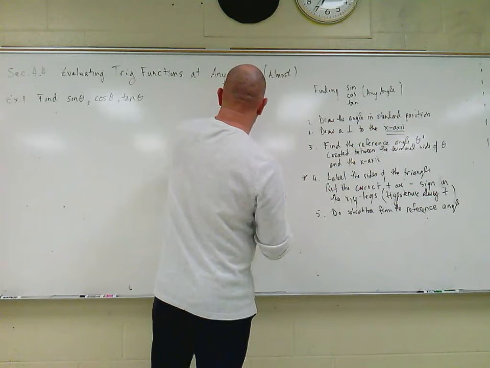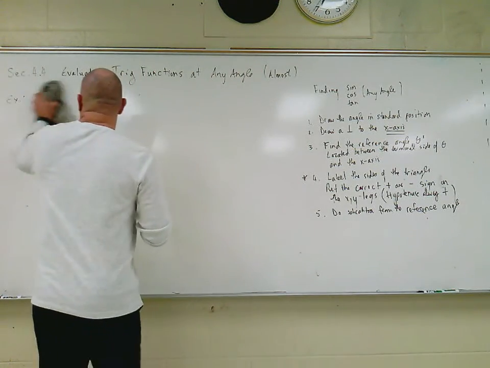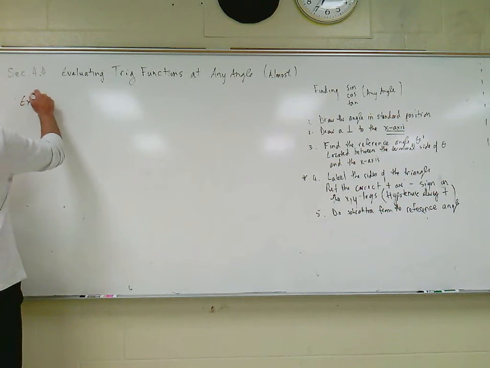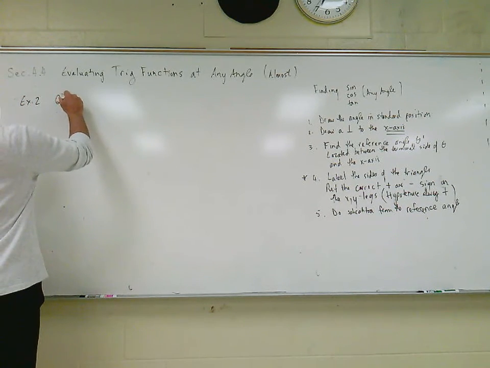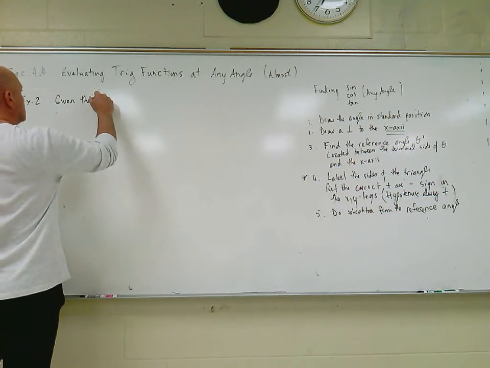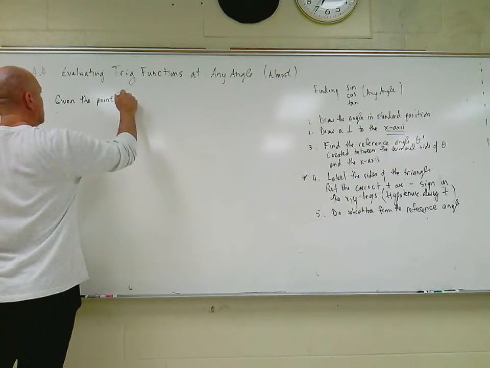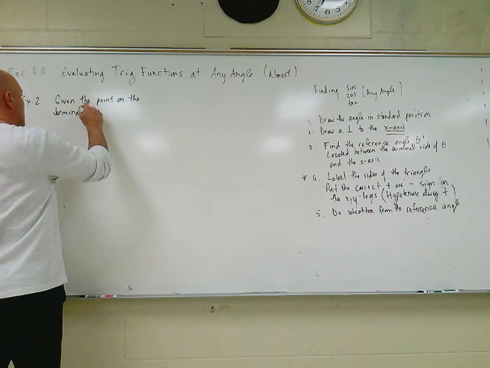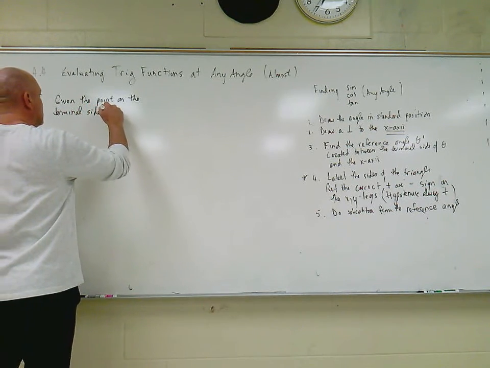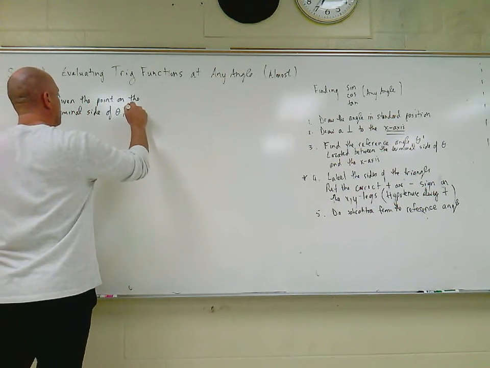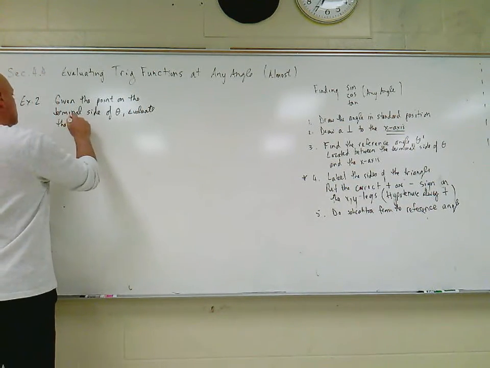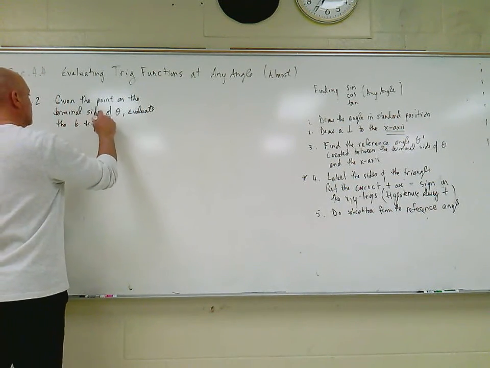All right. So next type of problem. Example 2. We'll do 2 of these. Given the point on the terminal side of theta, evaluate the 6 trig functions of theta.